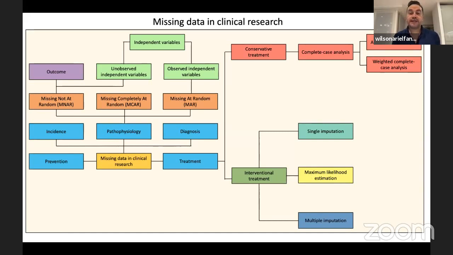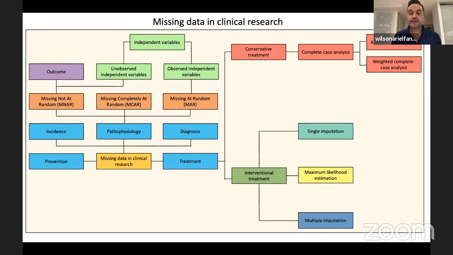If you ask me what is the most common one, the most common ones are the single imputation and the multiple imputation. There are several ways to approach this. We are just going to address some of them with the data.